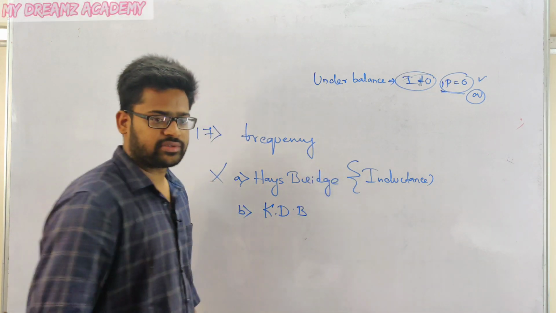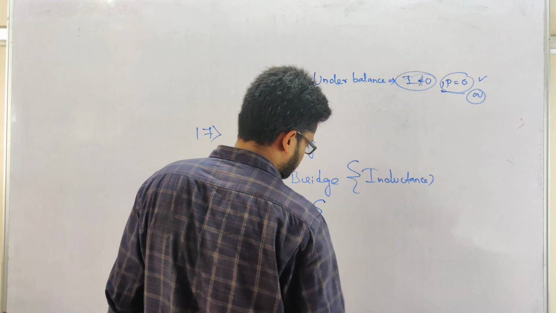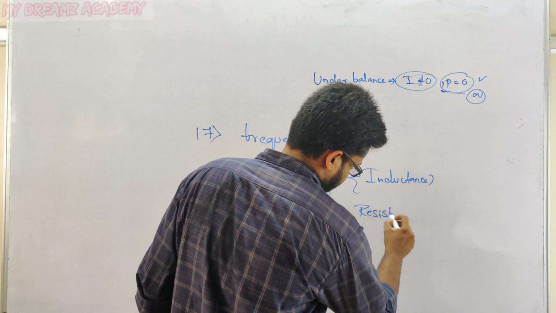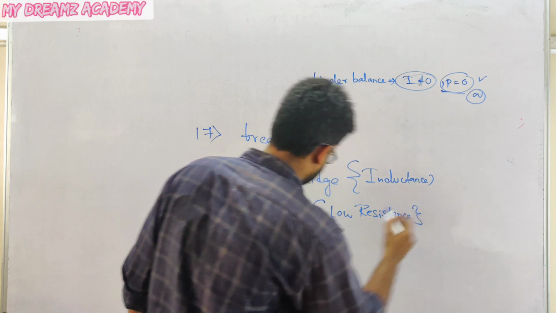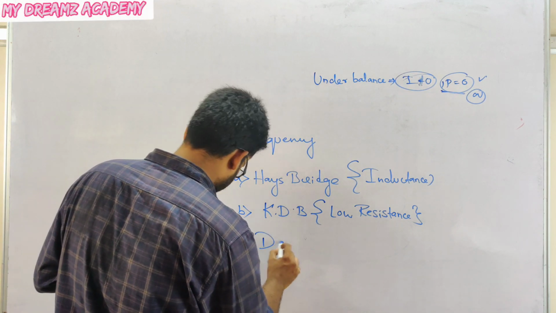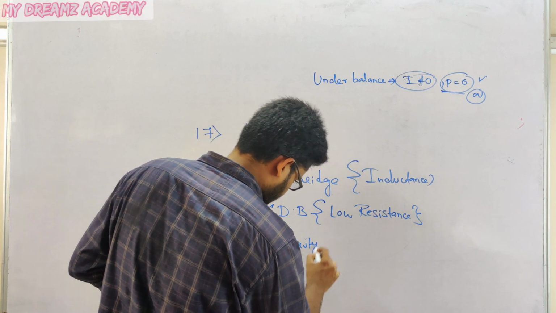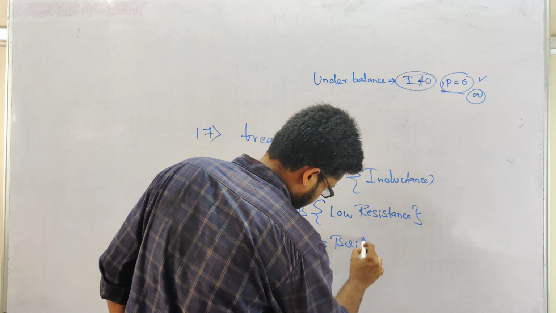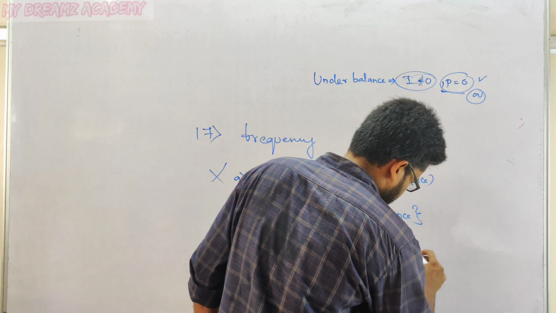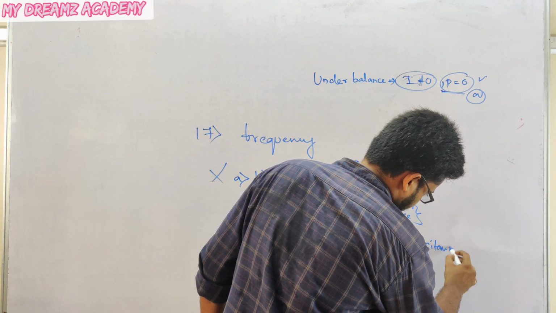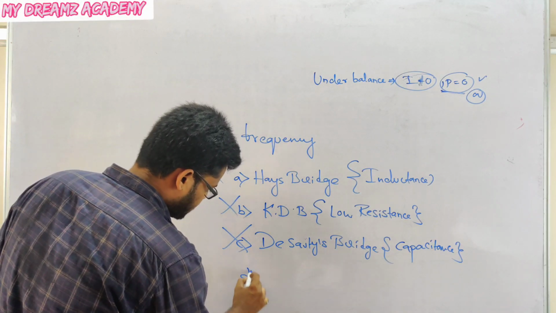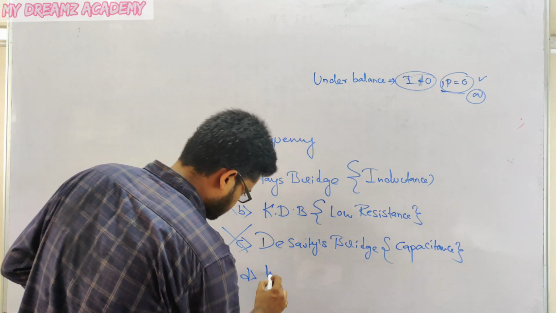Just now we have seen that Kelvin's double bridge is used to find low resistance, low resistance measurement. Similarly, option C, De-Sauty bridge. This is used to find capacitance. So, this one is also wrong. So, option D, that is Wien's bridge.